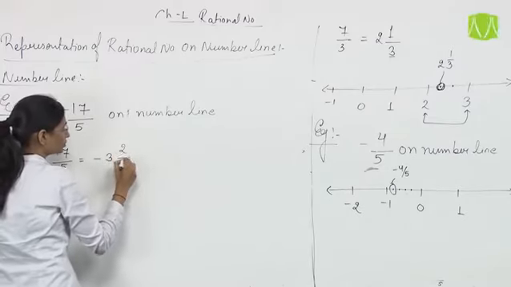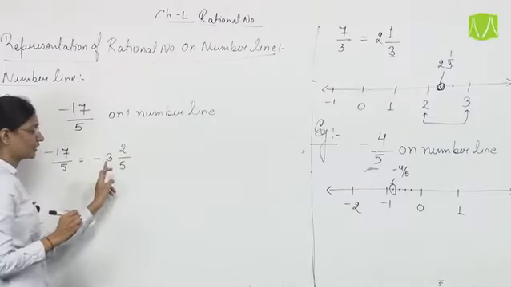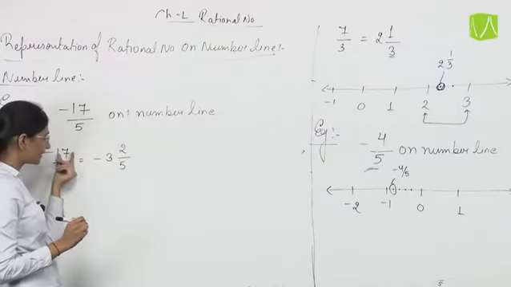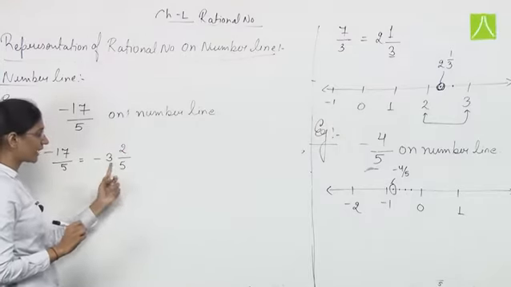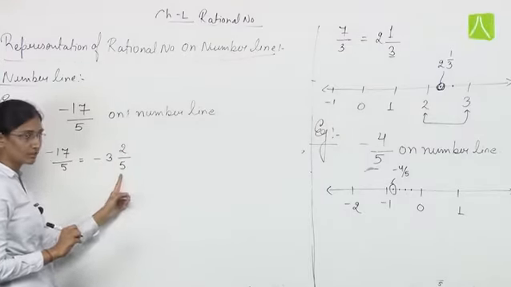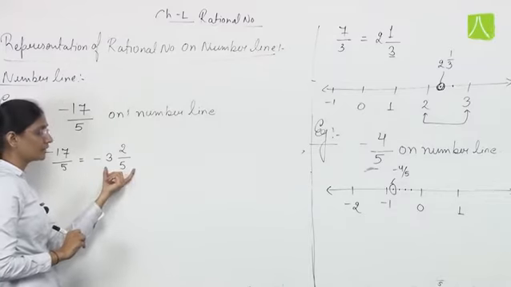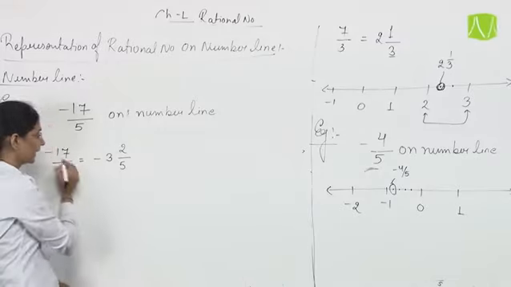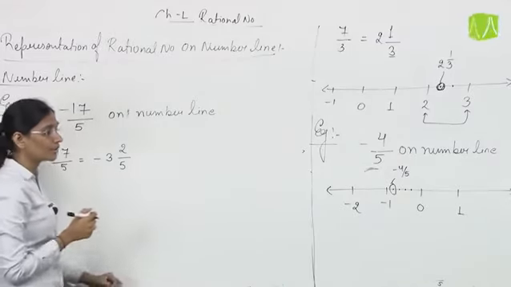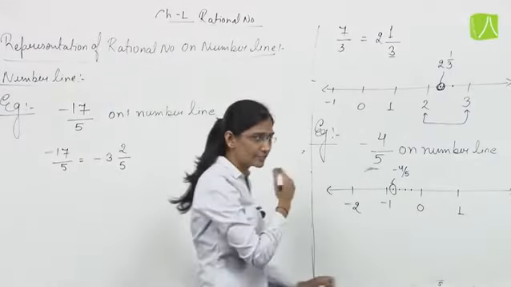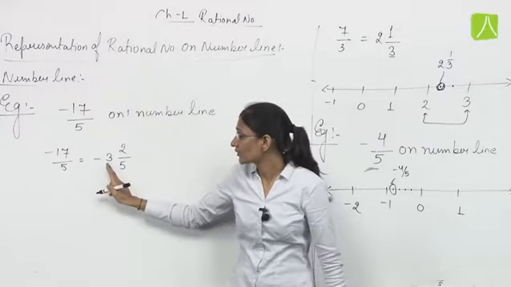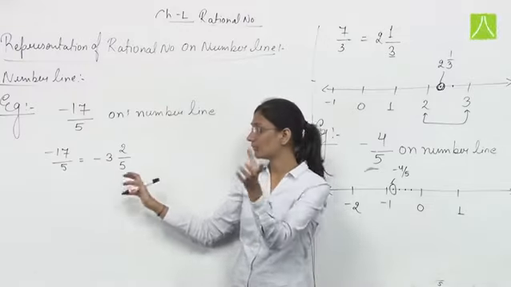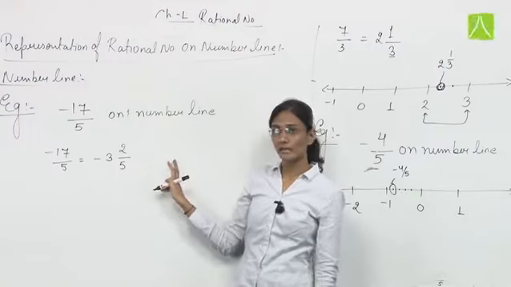Remainder is 2. 5 3s are 15 plus 2, 17. -17 upon 5 can be simplified as -3 2 by 5. Therefore, this number will lie between -3 and -4. Since a negative rational number will lie on the left side of 0 and the number is greater than -4 and less than -3, the number lies between -3 and -4.